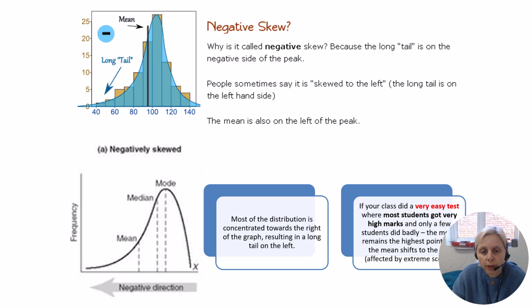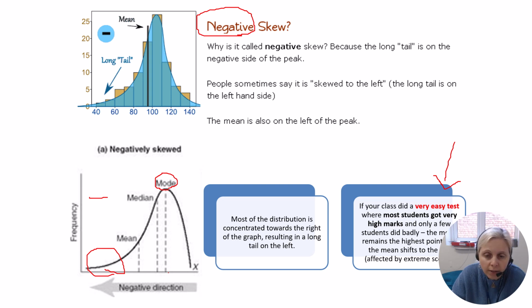Now, distributions, the thing to remember, well, that's how I remember, negative skew is when this looks a bit like a minus. So it's negative. Now, once you remember that, you always remember that the peak is always going to be the mode. If the mode is higher, then that means that this data has very high results.